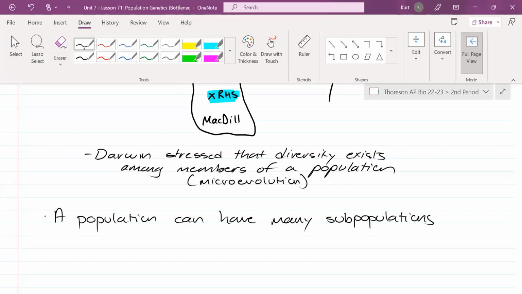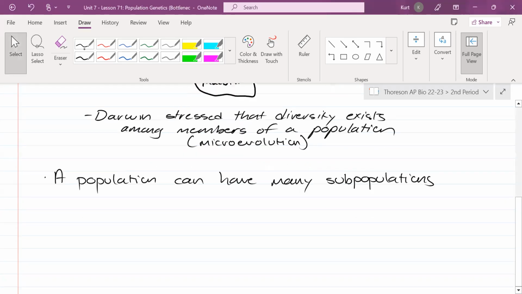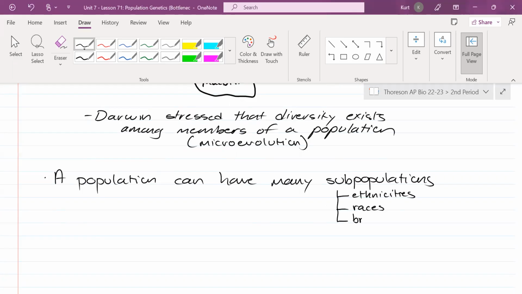Think of a human from India, Ethiopia, a Native American from Oklahoma, Japan. We're all humans, but we're all different. These can be considered subpopulations. Other words for subpopulations can be ethnicities, races, even breeds, like with dogs.